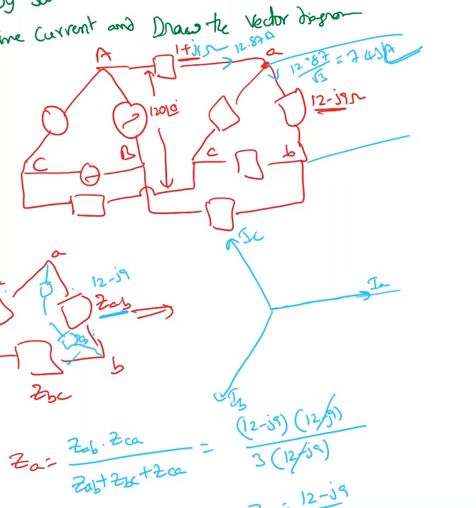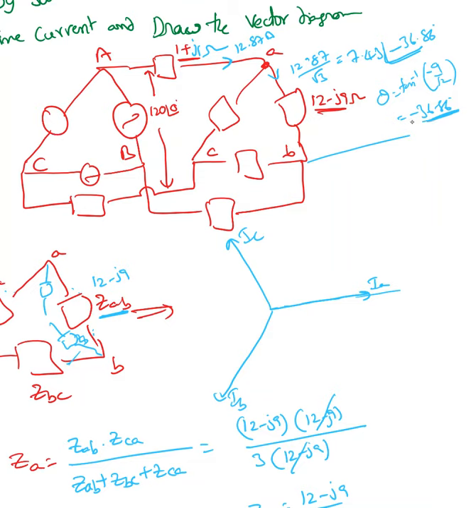That angle must be theta equal to tan inverse of minus 9 over 12, which is minus 36.86 degrees. So this must be 7.43 at an angle of minus 36.86 degrees.